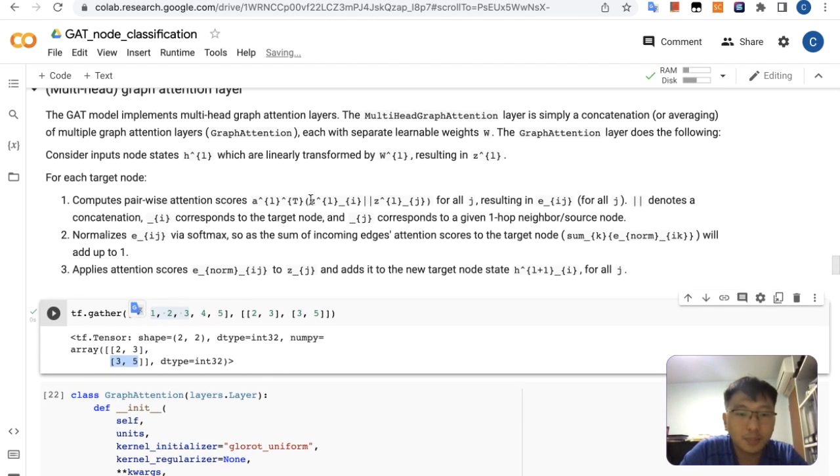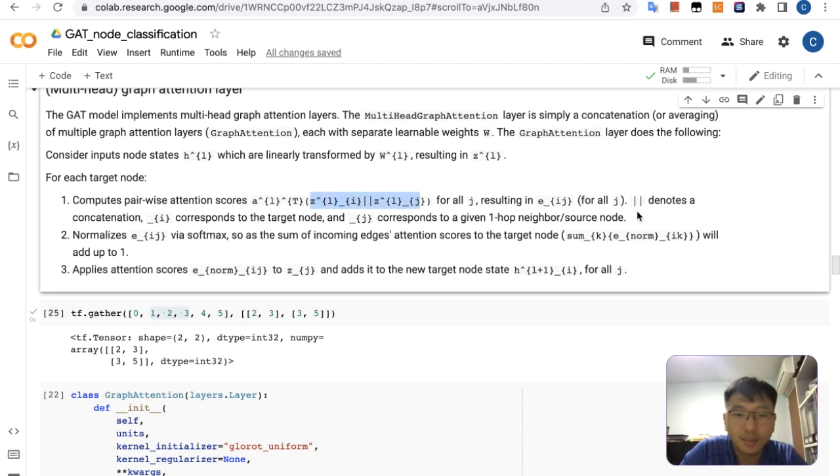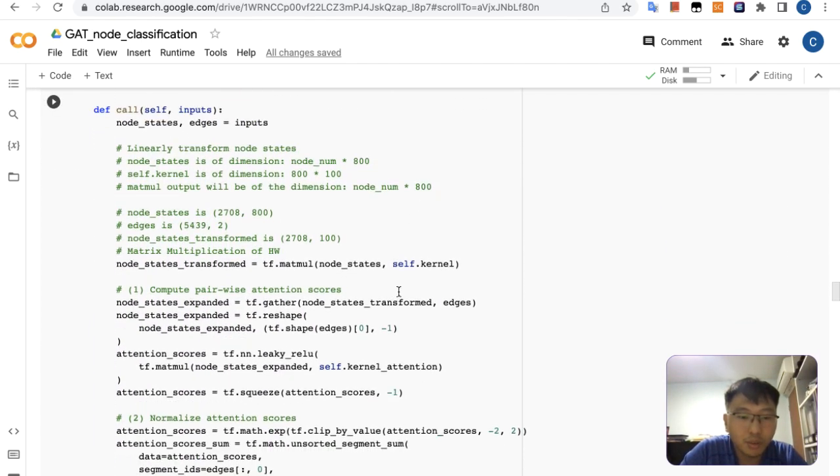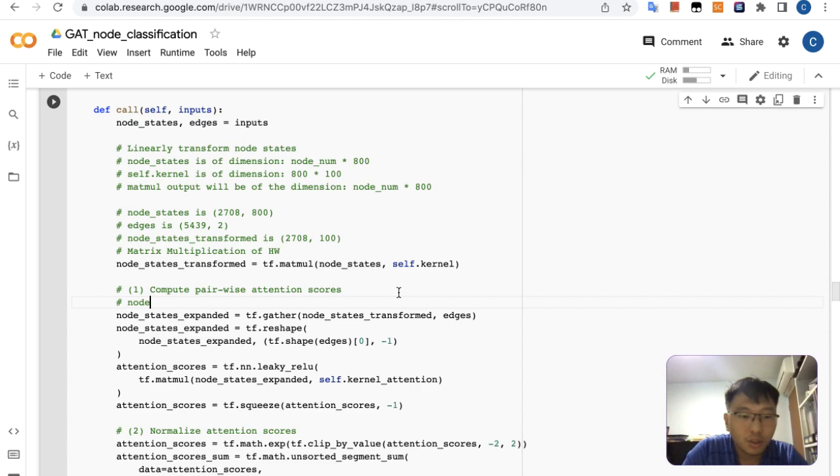So this whole thing was just to concatenate this. We can treat this as node states expanded, which concatenates the hidden representation of both nodes present in the edge pair.